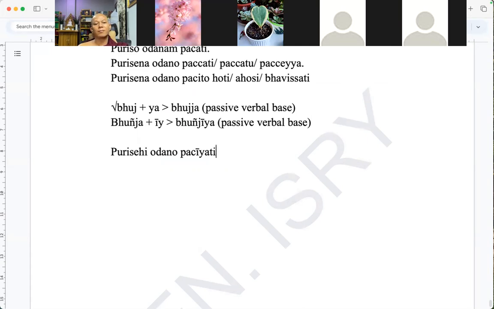In that situation, we will say purisa odanang pachanti, or bajanti. Oh yeah, right. Burisa odanang and odanan.